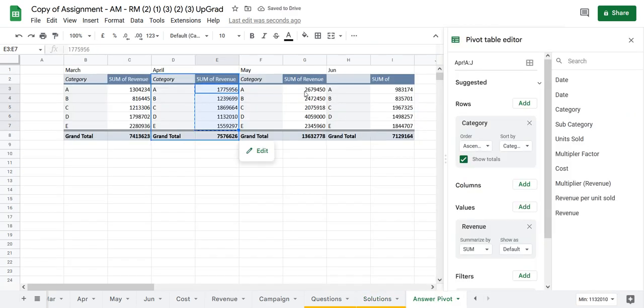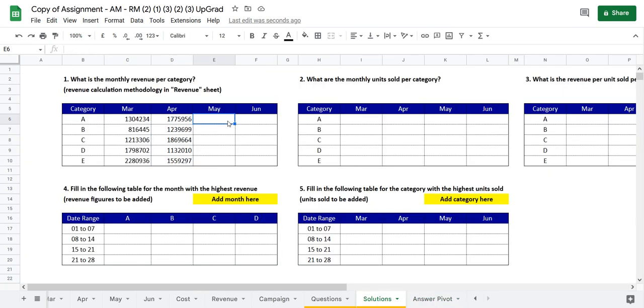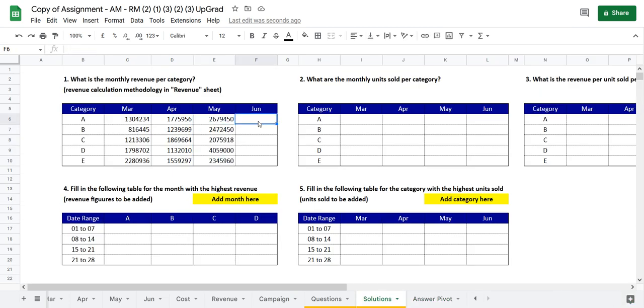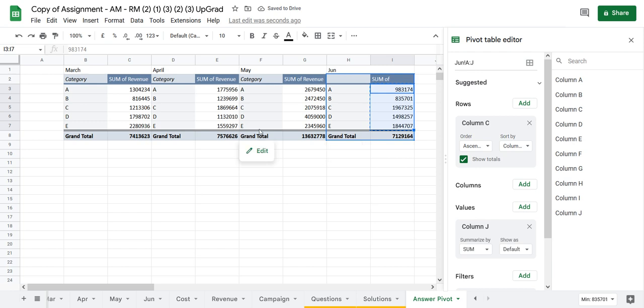For May the revenue will be this one, and for June the revenue will be this one. This is done.